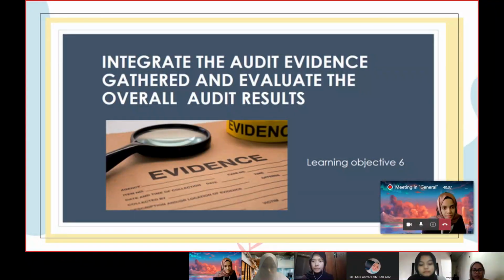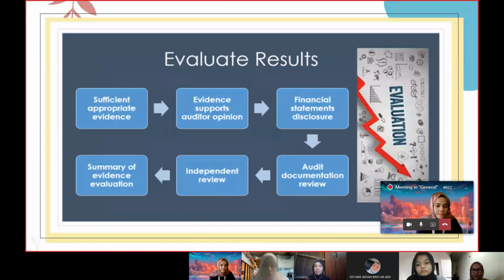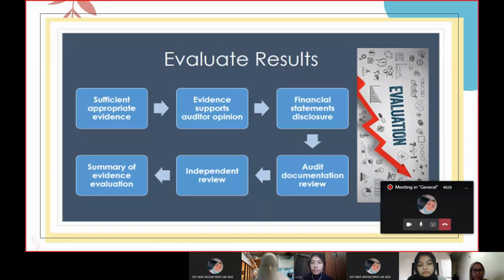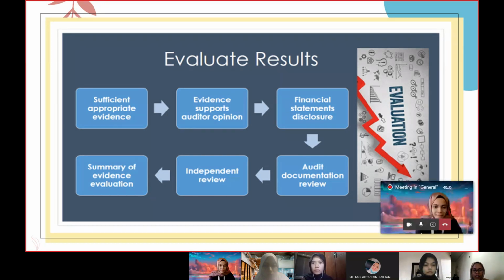Okay, so next we are going to another objective, which is to integrate the audit evidence, gather and evaluate the overall audit results. In terms of evaluating results, there must be further considerations to turn the evaluation result into an overall conclusion about the effectiveness of internal control over financial reporting.